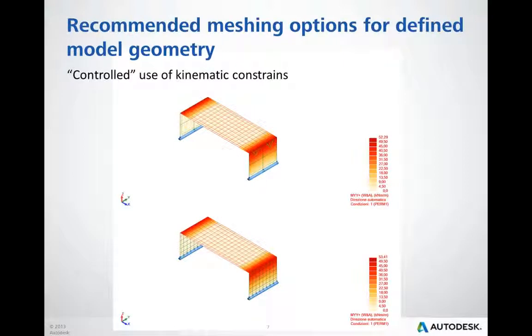So the message is that it is okay to use kinematic constraints, but you should decide where you want to use them rather than allow the program to use them by default. And if you do, check the result carefully.